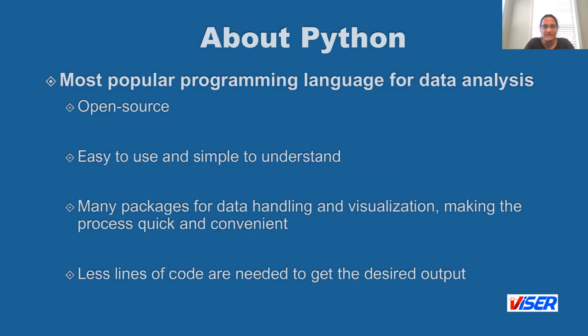Open source means it's freely available. Anybody can go and download it from python.org, and it has been bundled with several platforms. Since it's free, it's called open source. The next is that it's very easy to use and simple to understand.